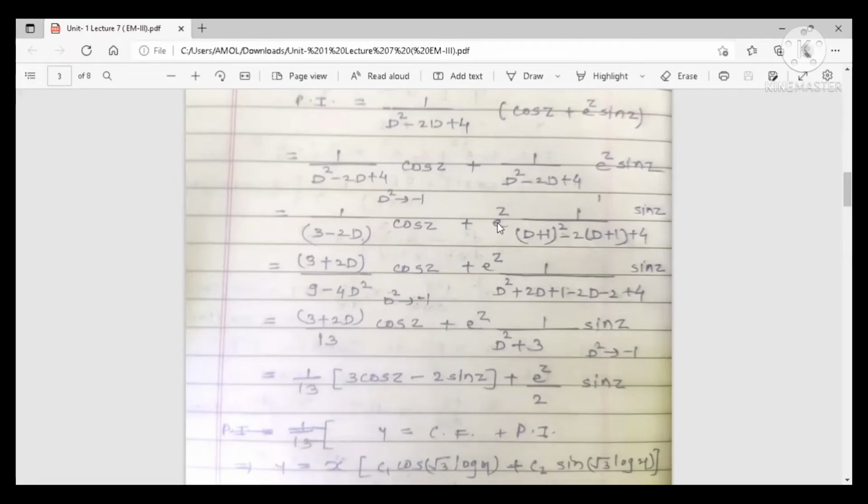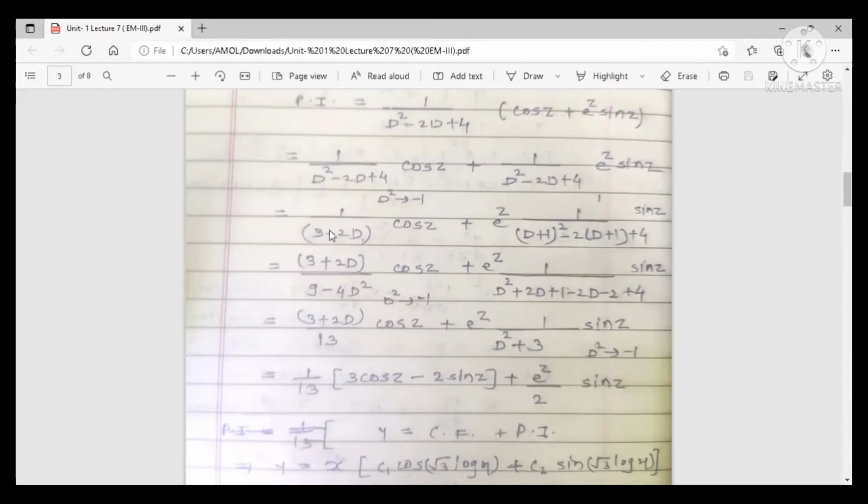So e raised to z as it is. The coefficient of e raised to z is 1. So replace the terms of D by D plus 1 in every term. So the denominator is D plus 1 whole square minus 2 into D plus 1 plus 4, into sin z. Okay, now solve for the exponential function first here.